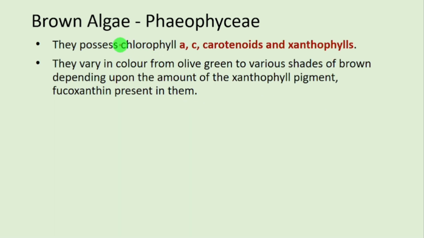Now brown algae possess chlorophyll A, C, and in addition there are other pigments, carotenoids and xanthophyll. Now in case of xanthophyll, the specific name of the pigment is fucoxanthin. So different shades of brown is because of different amounts of fucoxanthin.